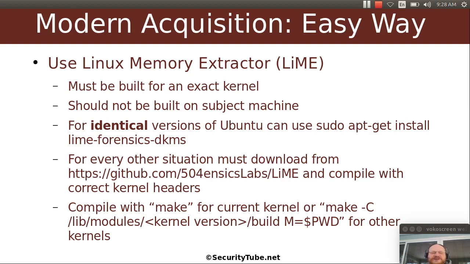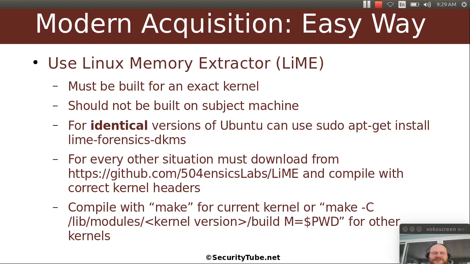For every other situation, you need to go to the GitHub for LiME. By the way, those of you who might have read a very good book called The Art of Memory Forensics that came out recently, all about how to use Volatility, you might note that they have outdated links in that book, which is not surprising given how books are made and how long it takes.